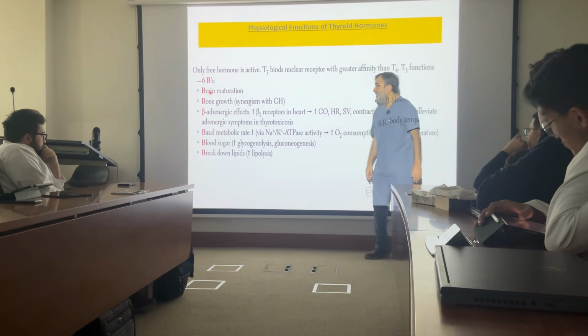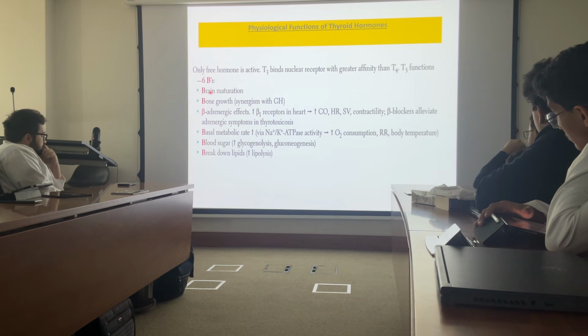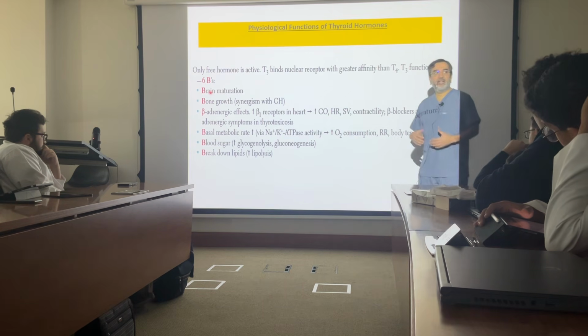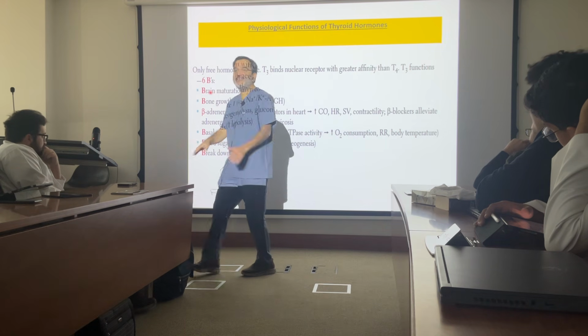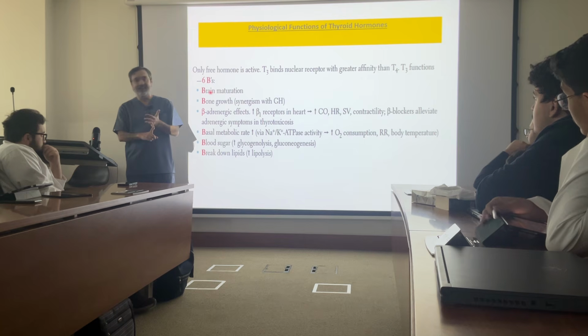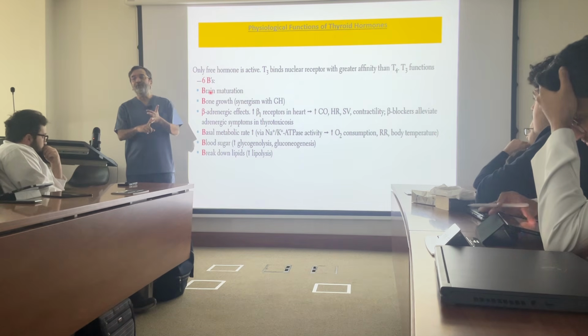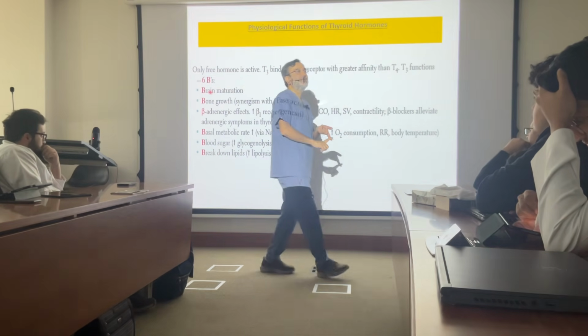Blood sugar: it causes glycogenolysis, that means breakdown of glycogen, and it also makes new sugar through gluconeogenesis. And it also does the breakdown of lipids. So it's a totally catabolic hormone. It is breaking down the carbohydrates, it is making more glucose from non-carbohydrate sources, it is breaking down the lipids, it is breaking down the proteins.